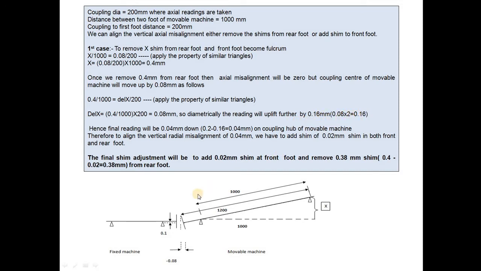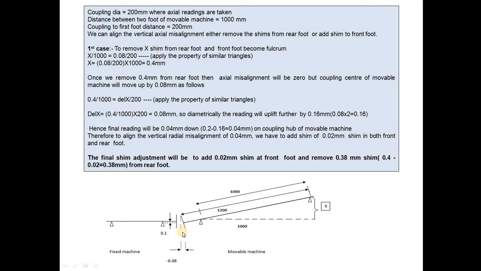0.08 into 2 is 0.16. We have seen in the initial reading that the coupling center, or diametrical reading, is 0.2 down, and now the coupling is moving up by 0.16 after doing this axial correction. That means it is still 0.04 down.